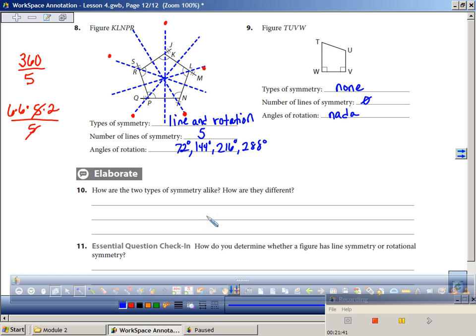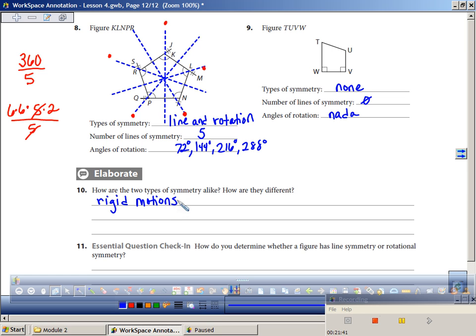Line symmetry you hold, right? And rotational symmetry you rotate. But what's happening with both of those symmetries? They both preserve what? Shape and size. What kind of motion do we call that? They're both rigid. They're both rigid motions.